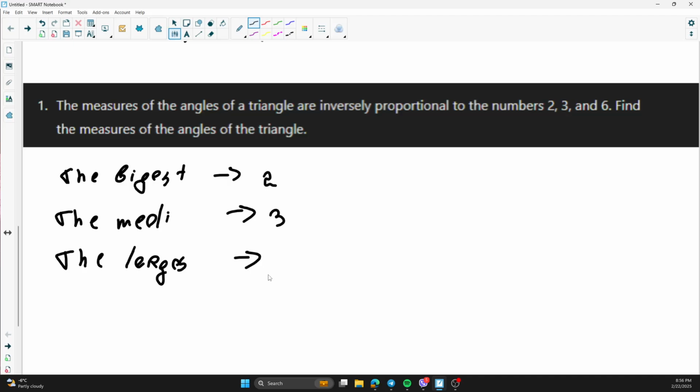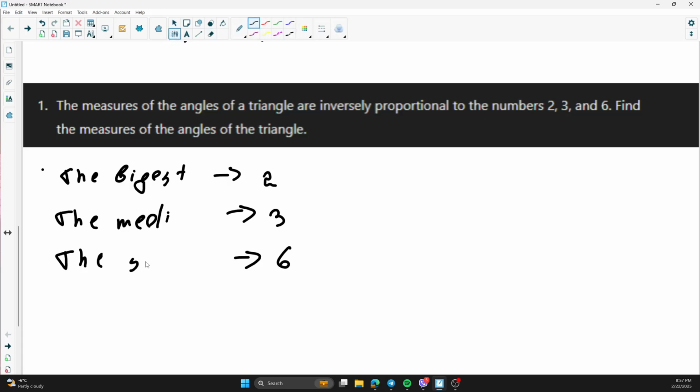Wait, how does the biggest go to 2, the medium go to 3, and the largest go to 6? Oh, look, it's not the largest, the smallest.